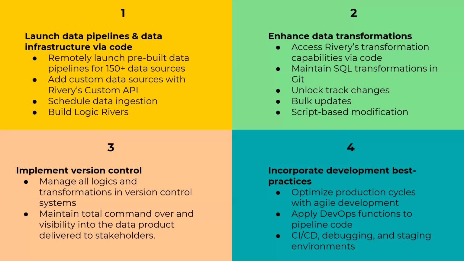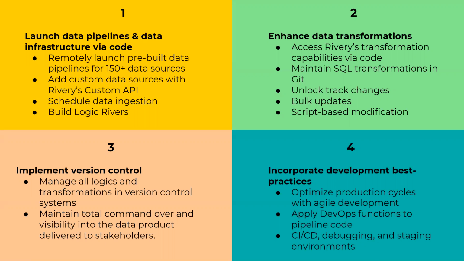The third one is to implement true version control and jurisdiction over the visibility of the data product or deliverable that you send to stakeholders. For example, if you're a services agency and you specialize in creating the logic and the SQL and, say, Databricks or machine learning workflows, you can compartmentalize that into its own file that becomes essentially the product.